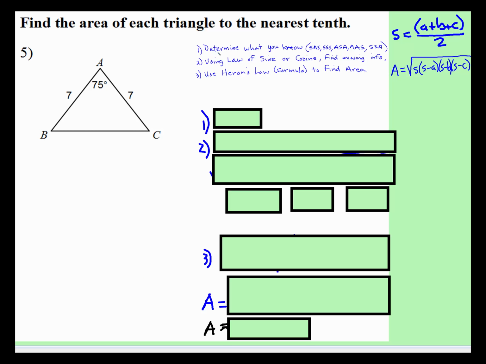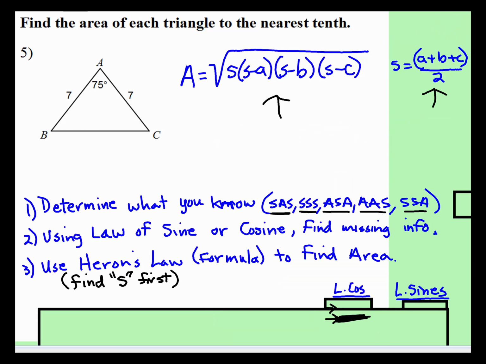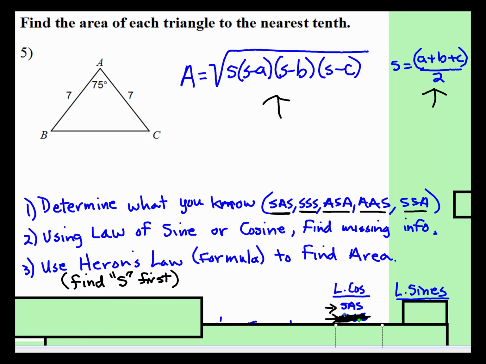So here are the notes again. Determine what you know. Well, here's a side, here's an angle, here's a side. So we know that we have side, angle, side, which means we're going to be using the law of cosines.